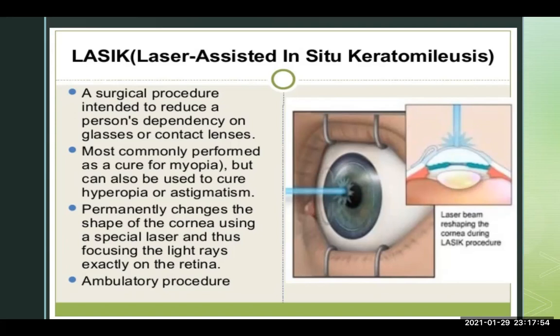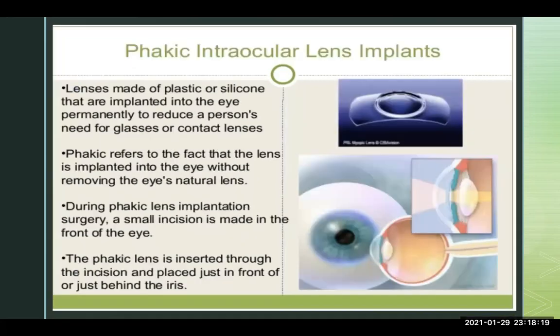It's created, lifted, and then the laser applied, and then the flap will be replaced again to its position. This will decrease the pain and discomfort and will speed the recovery with good results. It's an ambulatory procedure.